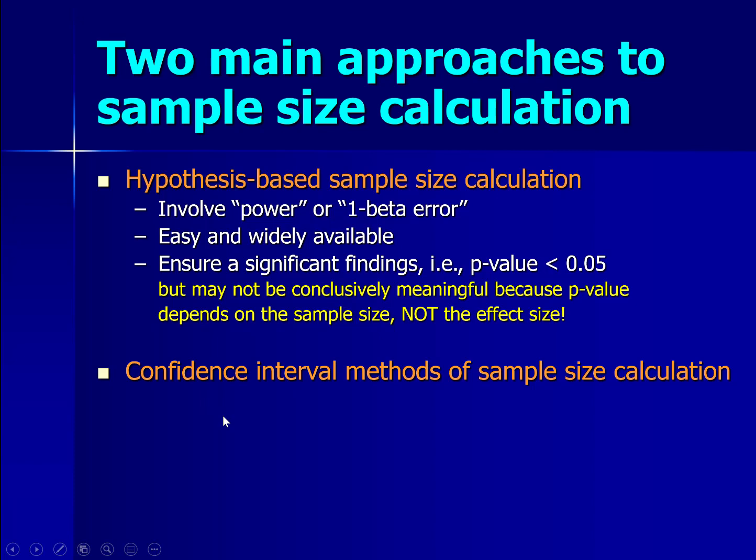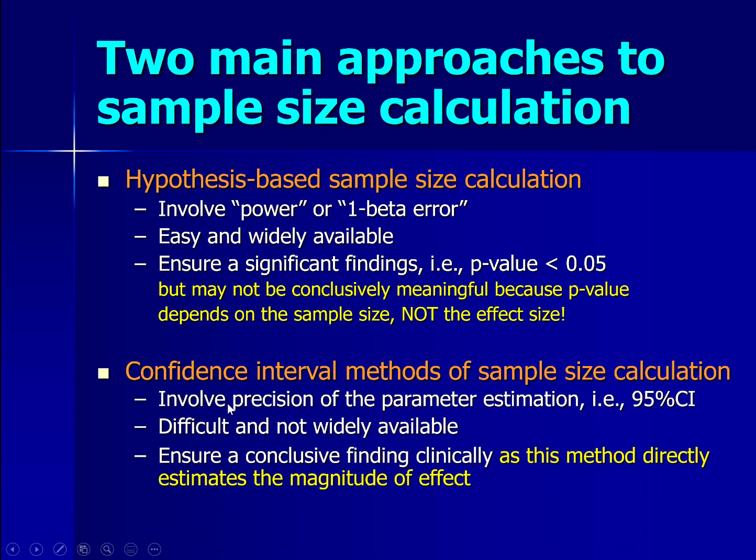The second method is straightforward to the conclusions about the confidence interval. It involves the precision of the parameters being estimated. That means ensuring the confidence interval does not cover the null value or the unmeaningful value.